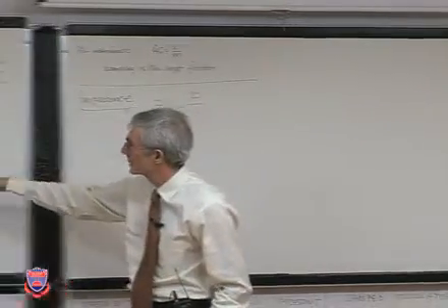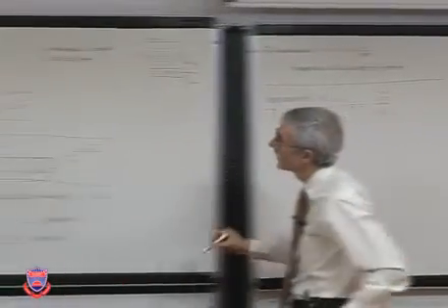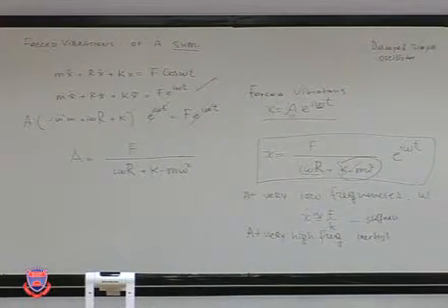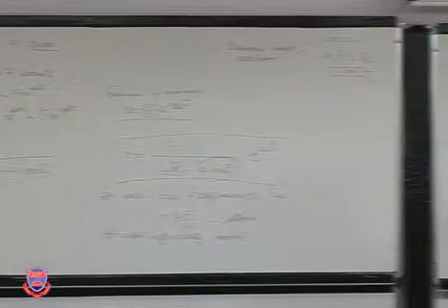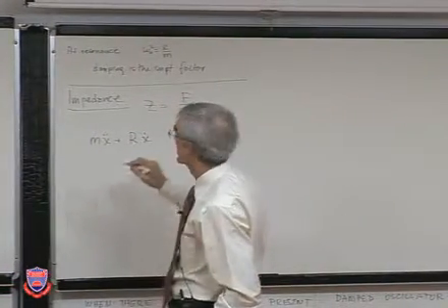And what we want to do is go back here and rewrite this equation in terms of velocity. So if I take this equation just for a moment, I'm rewriting it correctly.